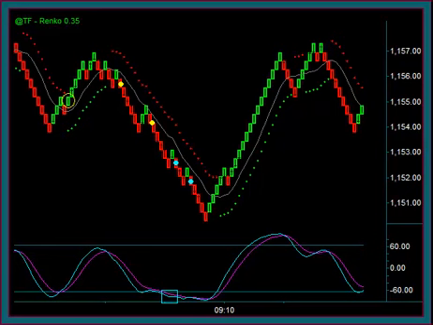But that first blue dot would have been okay. The point is, they are your brick pattern. They are midline rejects. We want the midline to be sloping in the direction of our trade.